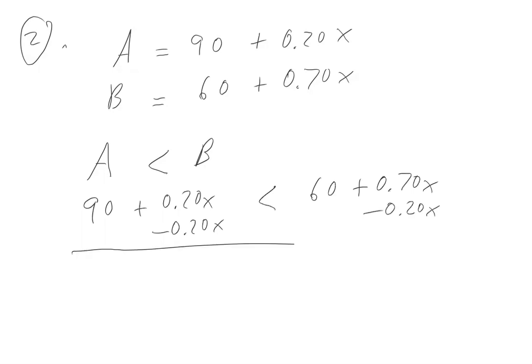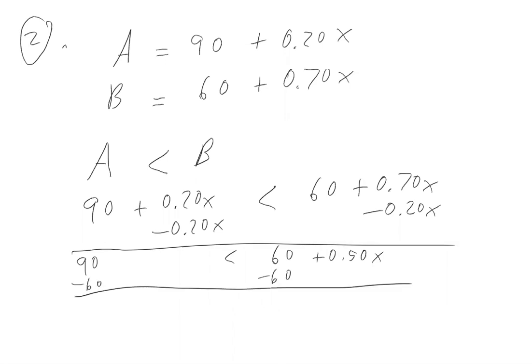Then on the left side, I'll get 90. Then that'll go away. So 90 is less than 60 plus 0.50x. Then I'll subtract 60 from both sides. Then I'll be left with 30 is less than 0.50x.